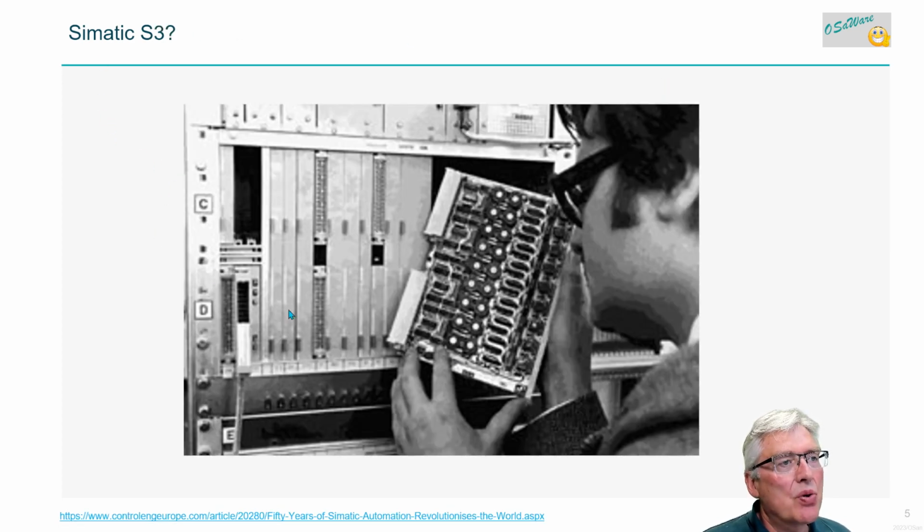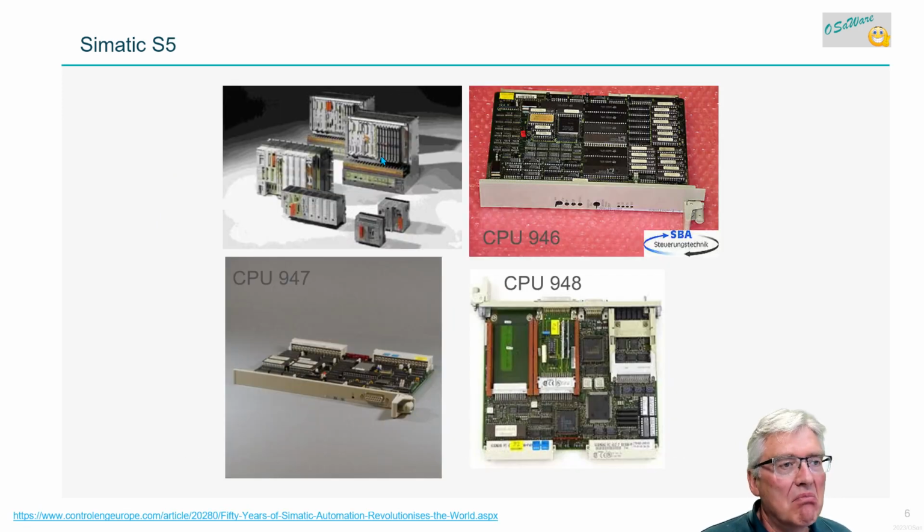And people used to SIMATIC S3 didn't like S5 so much, so Siemens got into problems. Which is, of course, bad for the next version, Siemens S7, because they didn't want to make the same mistake and make a completely new PLC and lose the customers, which they probably should have done.